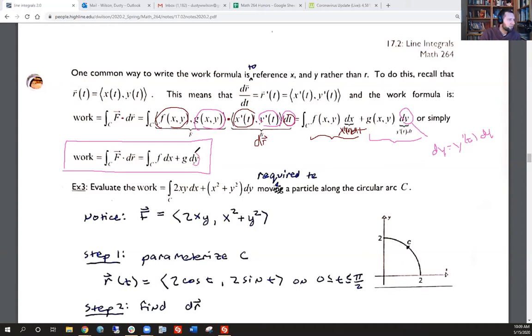And in this particular case, we think about dy as being y prime of t dt, and we think about dx as being x prime of t dt. It's just two representations for the same thing.